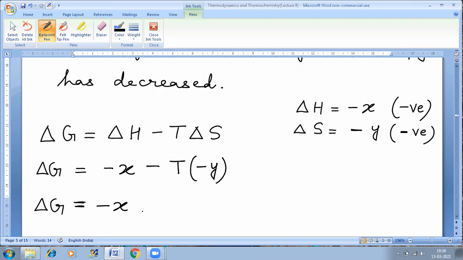So minus X plus Ty, or I can say Ty minus X. So delta G is equal to Ty minus X.